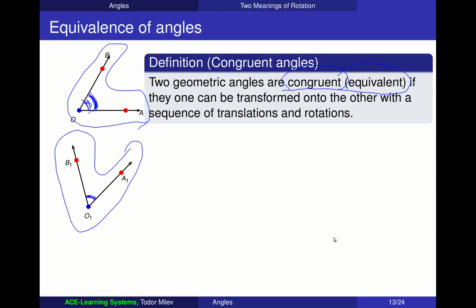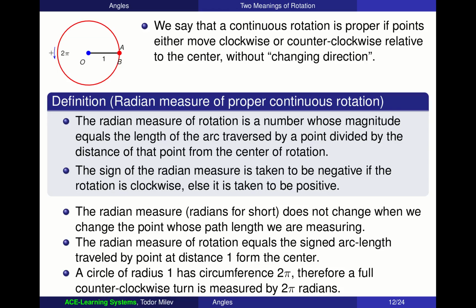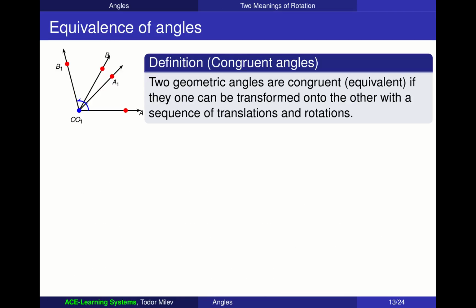So the measures of these two angles are the same. Now, by the technical definition we've given here, those two angles will be congruent or equivalent if I can transform one onto the other with a sequence of translations, such as this one.